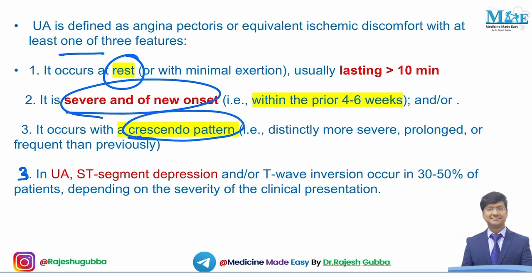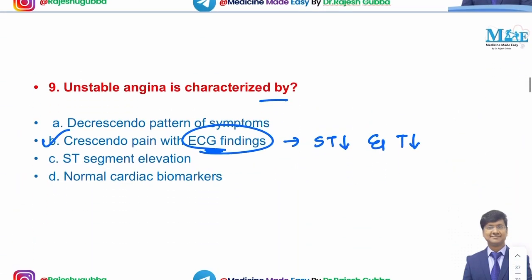Progressing in the sense like it should be crescendo pattern. Okay, so yeah, both of these are the same points. And third point is, in unstable angina, the STT changes like ST segment depression or like T wave inversion should be there. So out of these three, at least one should definitely be present to call it as the unstable angina. All right, next question. And so in this question, it should be like crescendo pain with the ECG changes.